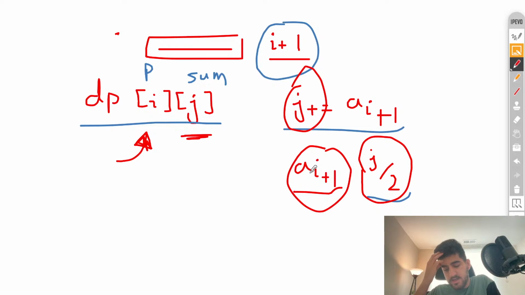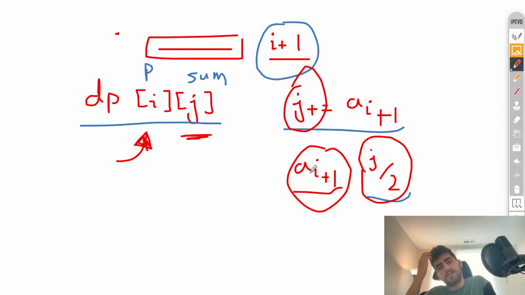Yes, i is only elements up to i, the first i elements. Some of them are in our subset, and maybe none of them are in our subset; there's no additional constraint.